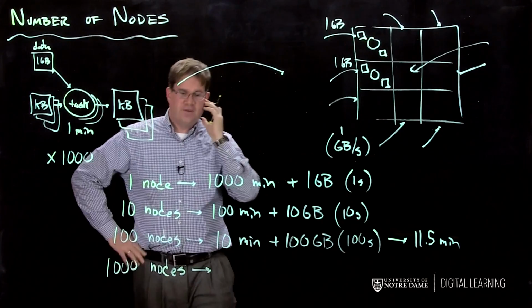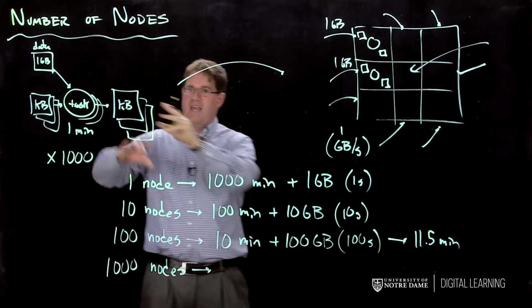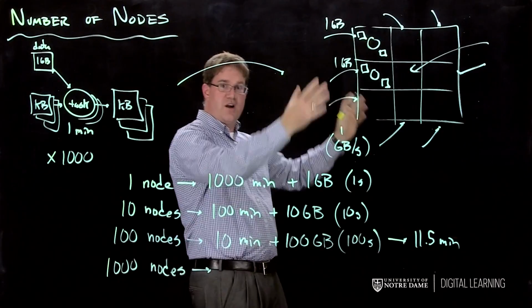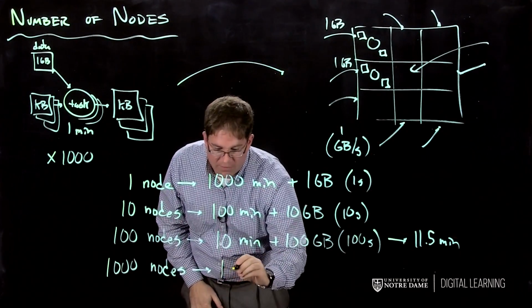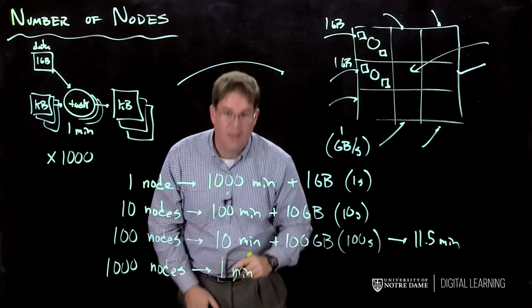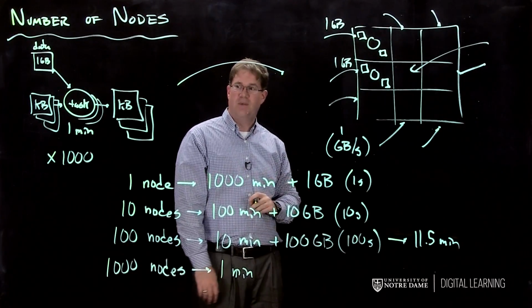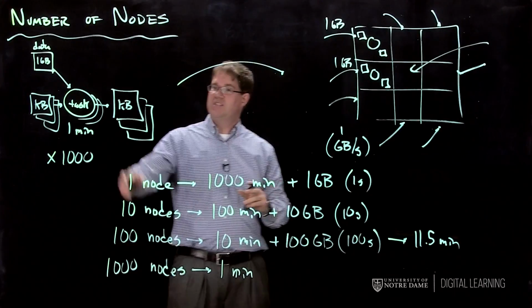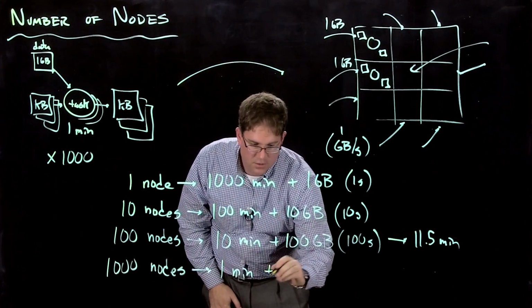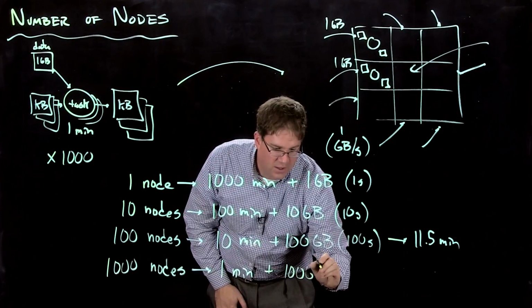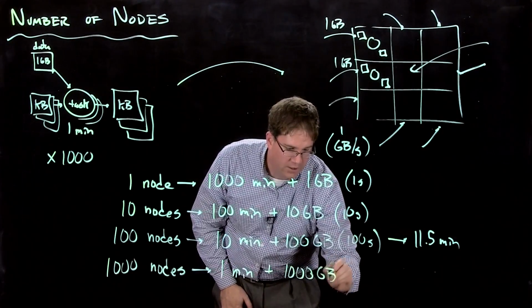If I try to run on 1,000 nodes, that means every single task in my workload is going to run on a different cluster node. So that's a good thing. So the whole thing is going to run really fast. We're going to have 1 minute of execution time because every task is going to run independently. But now the problem is I have to take that 1 gigabyte file and send it to all 1,000 nodes. So that's 1,000 gigabytes, a terabyte's worth of data.